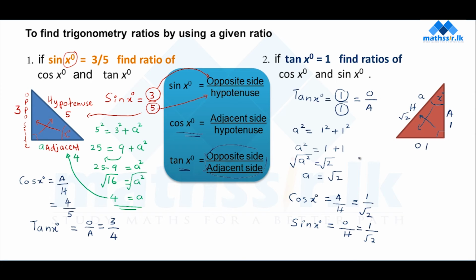Dear students, when you notice this right angle triangle, two sides are equal. Therefore, this angle and this angle are equal. One angle is 90 degrees, then x should be 90 divided by 2. Then you can get x value is 45.